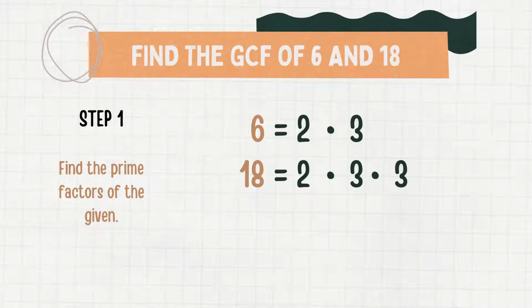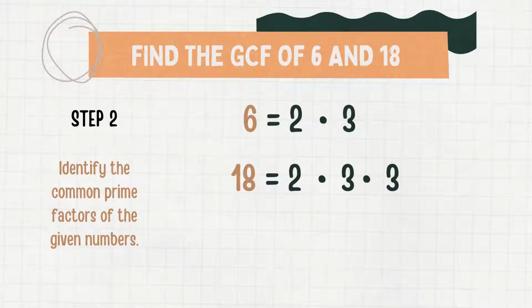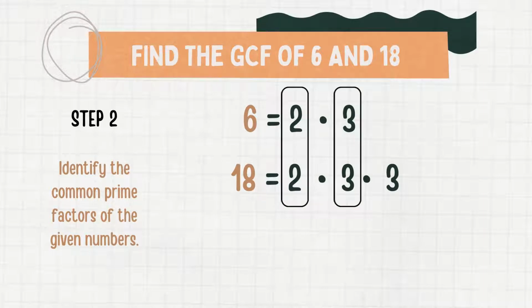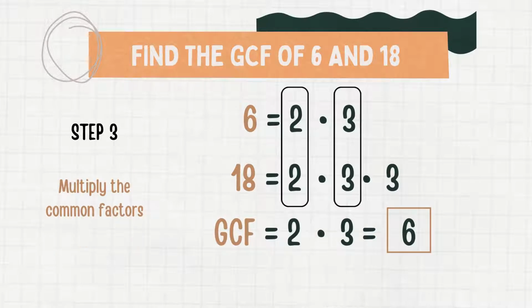On the other hand, 18 is equal to the product of 2 times 3 times 3. For the second step, we will identify the common prime factors of the given numbers. In this case, it is 2 and 3. Now, we will multiply the common factors, which is 2 and 3, and its product is 6.